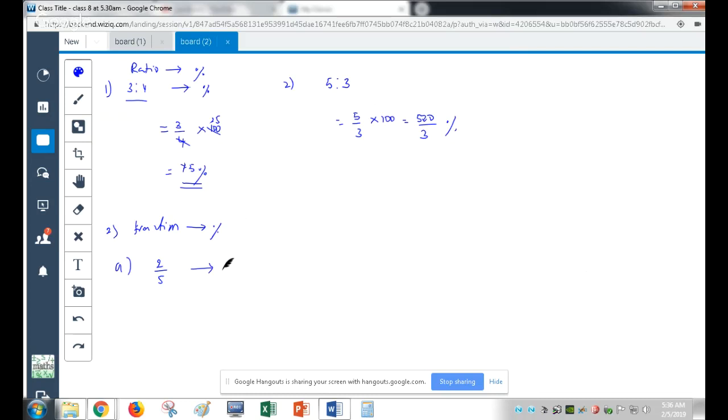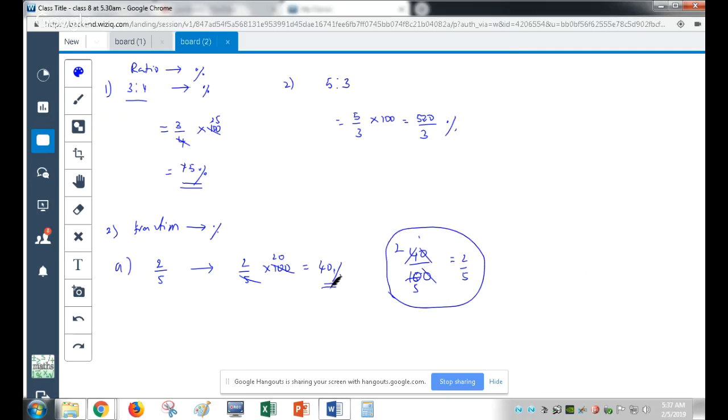Okay, but still, let me tell you, for example, 2 by 5 is there. How to convert this into percentage? Very simple. You just multiply with 100. So what you are going to get, it will cancel 20 times and it is 40%. So how is it possible? You take 40 by 100, simplify it, you will be getting 2 by 5.